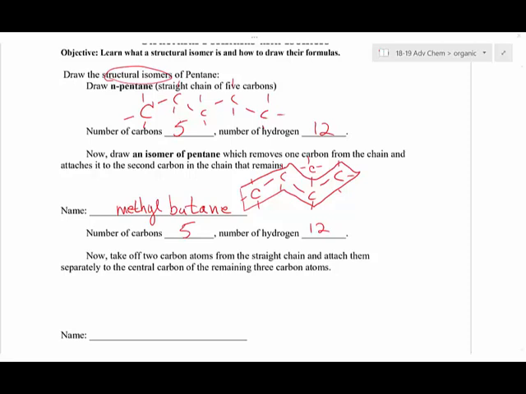If I count from the left, 1, 2, 3, 4, the attachment would look like 3-methylbutane. So the rule is that we always need to count from the side that gives us the smallest number. So counting from the right would make it a 2-methylbutane.